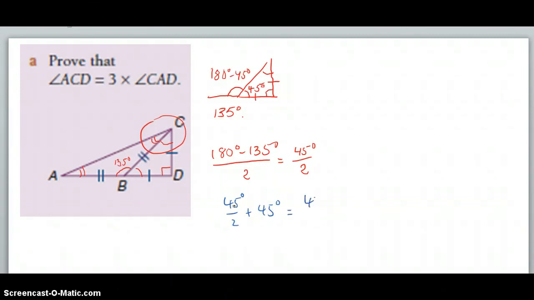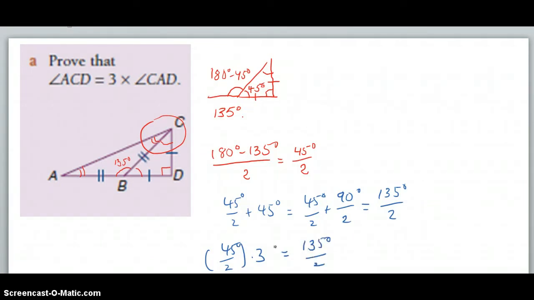Common denominator: 45 degrees over 2 plus, same denominator, 90 degrees. Add the two fractions together, I get 135 degrees over 2. But if I do 45 over 2 times 3, I get 135 degrees over 2. So I've shown that this angle here is 3 times that angle at C.